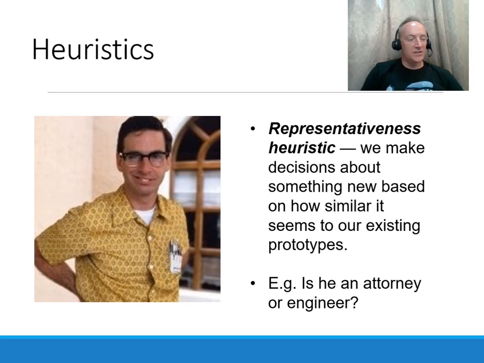So here's an example of using the representativeness heuristic. Again, brought people in for a study and told them, we're going to play a game. I'm going to read you 100 brief descriptions of people, and I want you to guess their occupation.